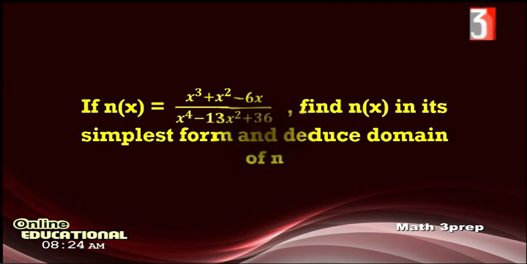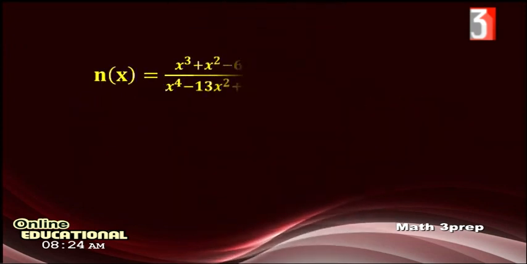First of all, as n of x equals x power 3 plus x power 2 minus 6x over x to the power of 4 minus 13x to the power of 2 plus 36, you are going to notice that you can make factorization. For which part? The numerator or the denominator? For both of them. How?